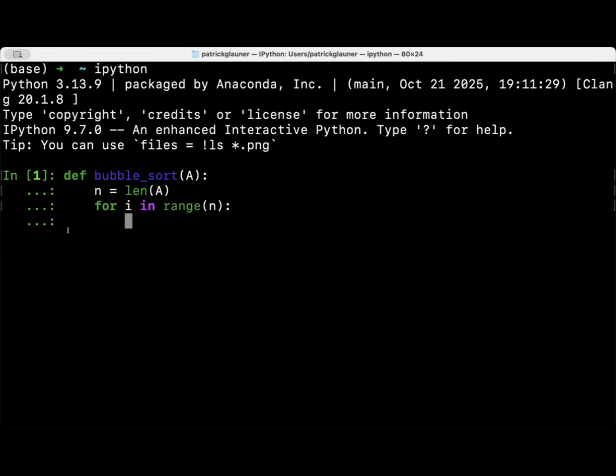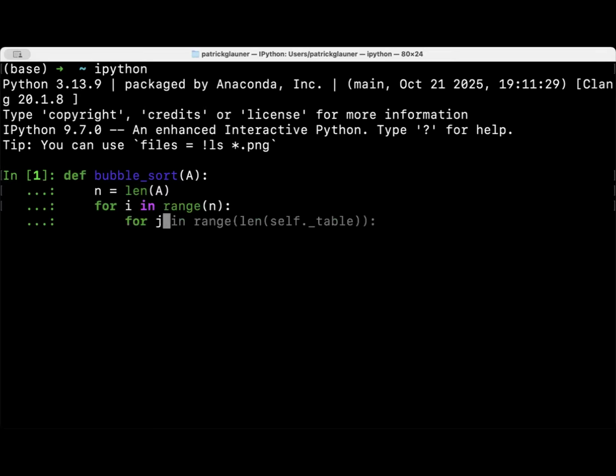But I need a second loop, because what we said before is if I just use one loop, I go from left to right, I have maybe moved the largest element to the right, but I certainly may need to sort more because there's maybe still some disorder. So I actually need two loops.